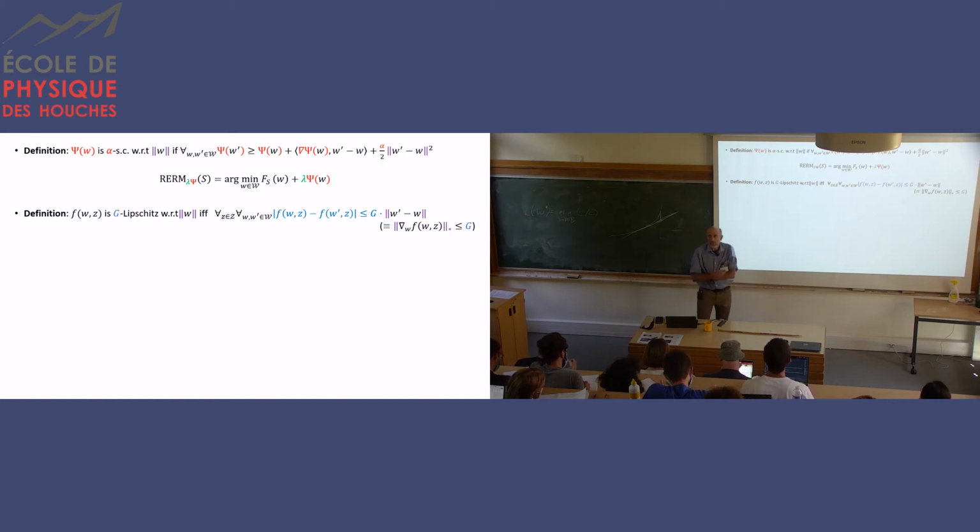And again, this depends on the choice of norm. We can choose any norm here, but we have to use the same norm for measuring the strong convexity and for measuring how fast our objective changes.